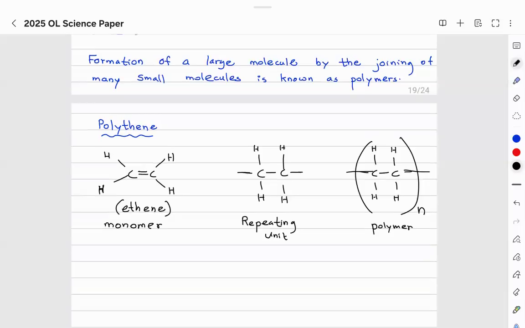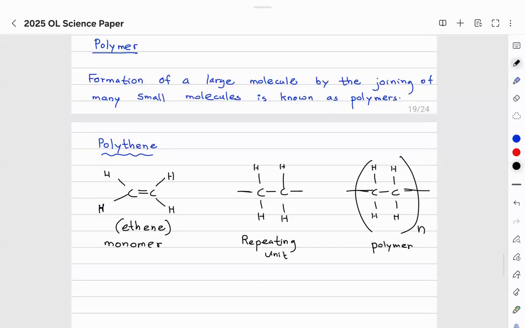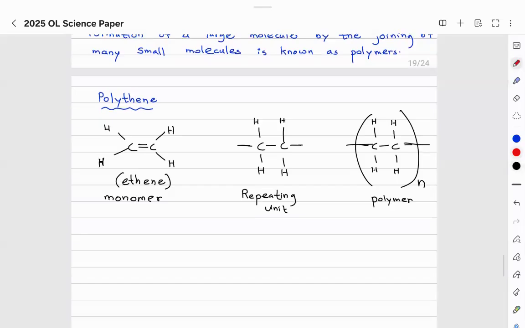So polymer means formation of a large molecule by joining many small molecules, which is known as polymerization. This is actually known as polyethene or polythene. Is it clear? Now, can you understand what is meant by polymerization?